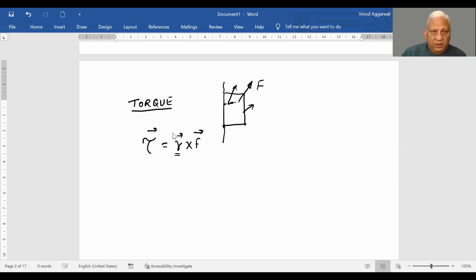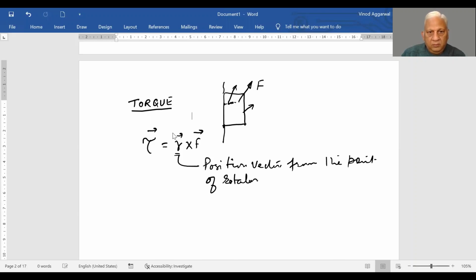r is the position vector from the point of rotation. And F is the force applied. If we see a simple diagram, let's say this is a point O, and you have a force F, which you apply in this direction.